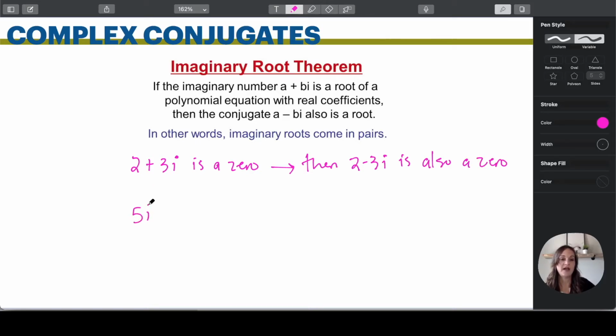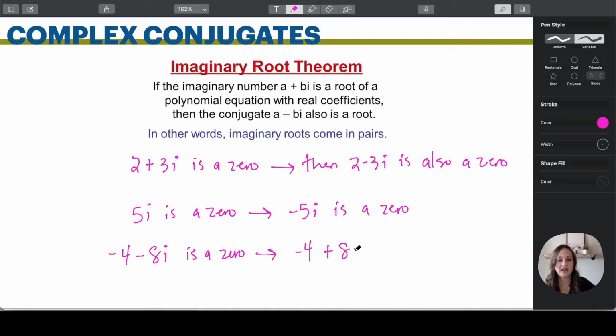If 5i is a 0, that means negative 5i is a 0. If negative 4 minus 8i is a 0, that means negative 4 plus 8i is a 0. Don't forget, you only change the sign in front of the imaginary number or the irrational number. Do not change the sign of the real number.